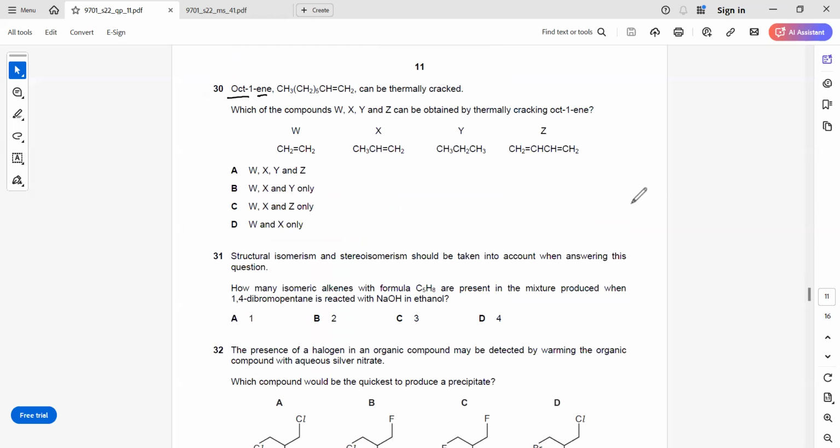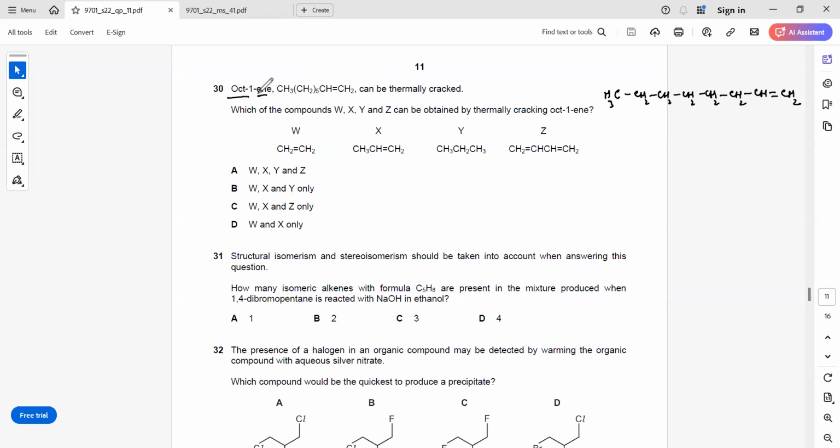So to solve this type of question, first of all, I have to write down the structure: CH3, then CH2 five times, and then comes CH, then a double bond, and then CH2.